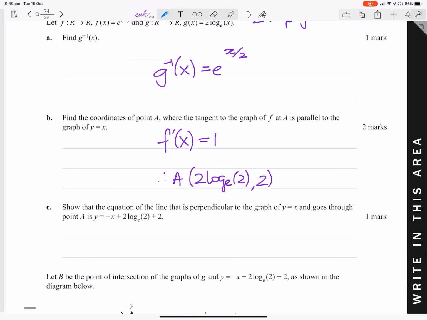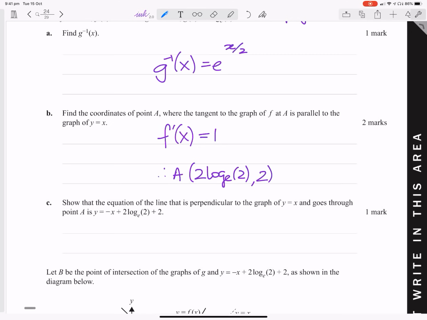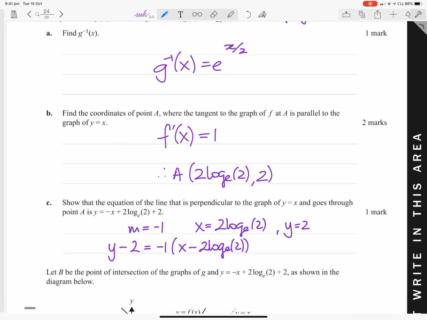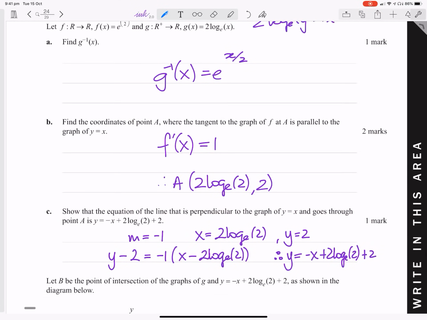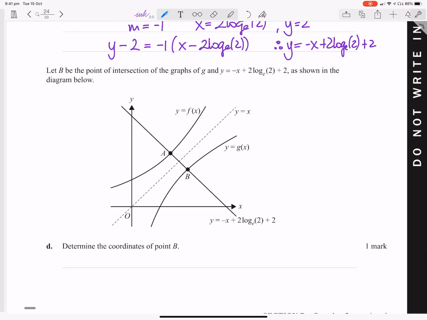So what have we got? x equals 2 log e 2, y is 2, m is negative 1, y minus 2 is equal to negative 1 times x minus 2 log e 2, therefore y equals negative x plus 2 log e 2 plus 2. Why do they leave such bloody small room? Okay, so A is (2 log e 2, 2).